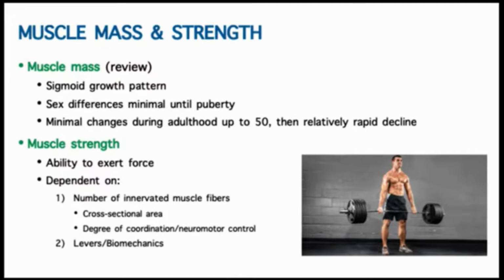Both of those things would contribute to an increased cross-sectional area, and the greater cross-sectional area that we have, generally the more muscle strength, or the more force, that we can produce. But this also is dependent, right? If we have bigger cells or we add more cells, that is nothing if we don't have the neural aspect or the neuromotor control aspect.